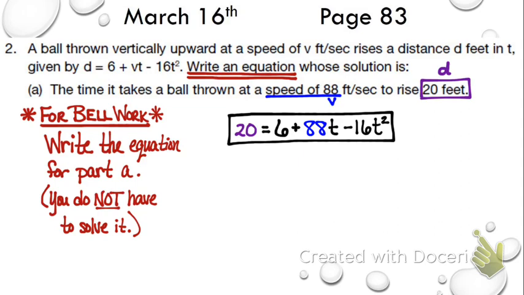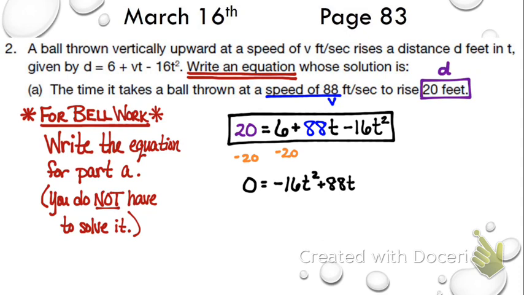Yes. If we wanted to solve this, we're not solving this right now, by the way, but if we wanted to solve it, what would I need it to be equal to? 0. So I could also subtract 20 from both sides, and then I would get 0 equals, and I'm going to write this in decreasing order now, negative 16t squared plus 88t, and then what would that constant become?